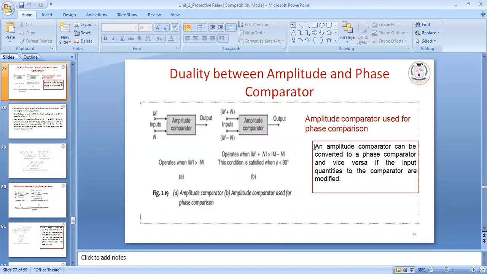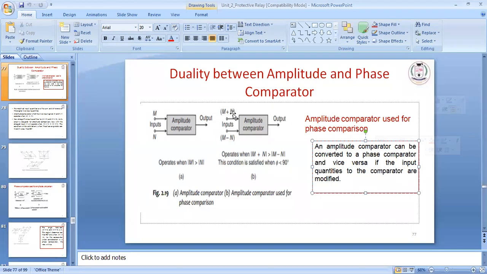So here you can see the amplitude comparator used for phase comparison. An amplitude comparator can be converted to a phase comparator and vice versa. A phase comparator can work as an amplitude comparator and vice versa, if the input quantities to the comparators, here m and n, are modified.